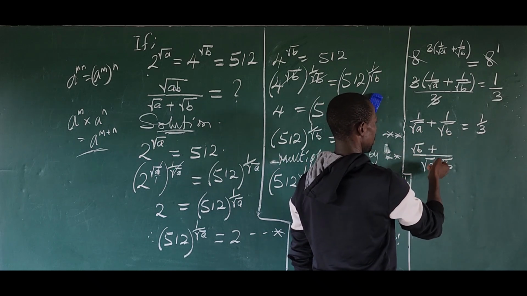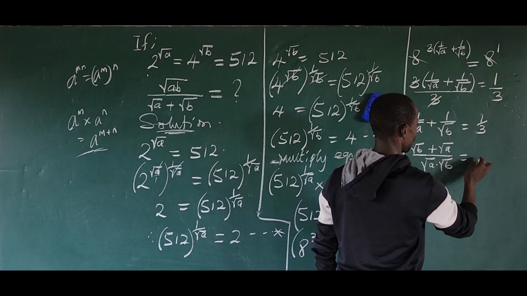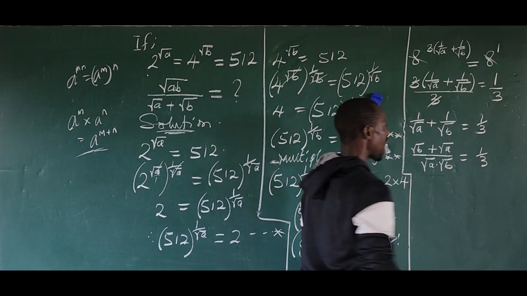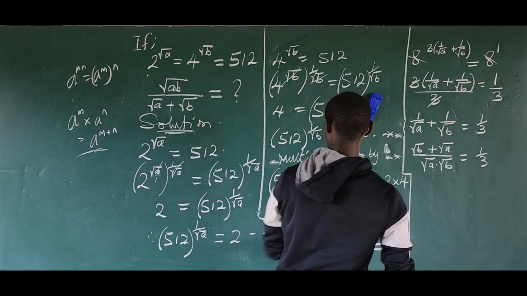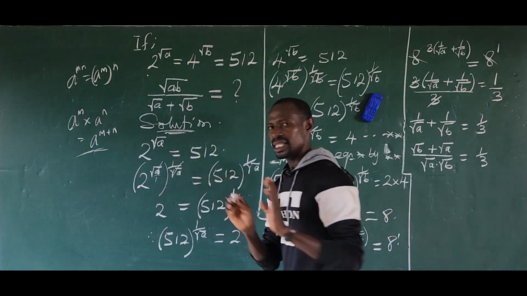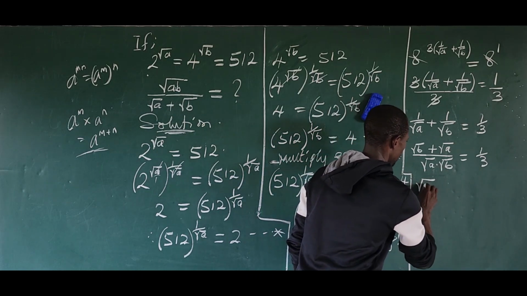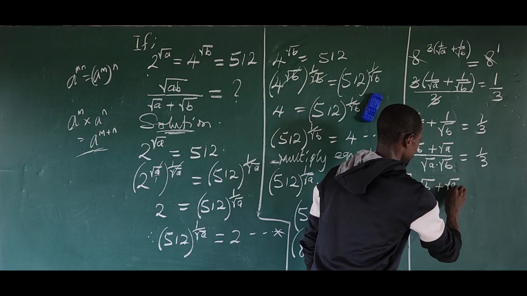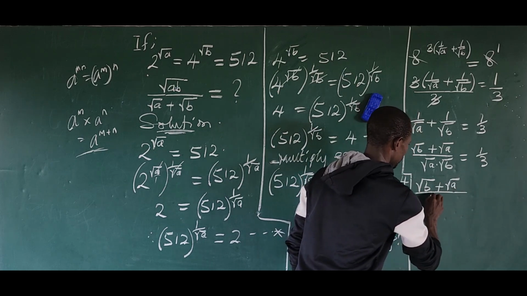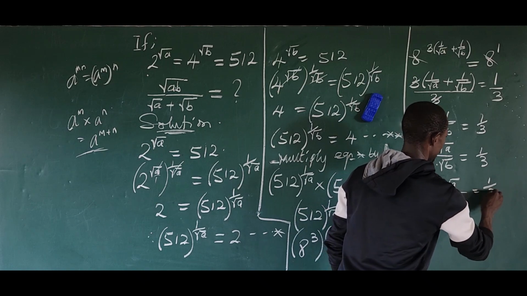This we cancel out. We are left with root a. This is equal to 1 all over 3. We are almost there. We can rewrite this as root b plus root a all over root a times b equal to 1 all over 3.